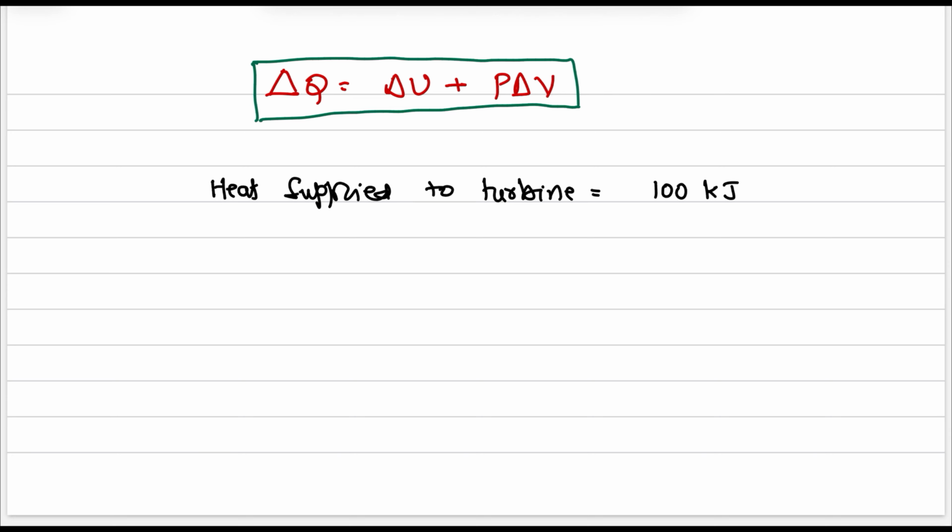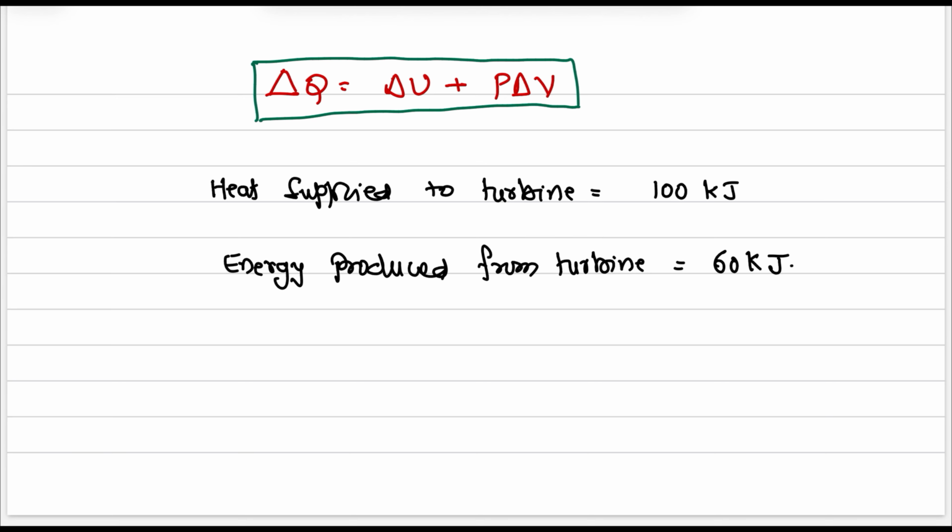Then the energy produced from the turbine during this process, let us say, is some 60 kilojoules.